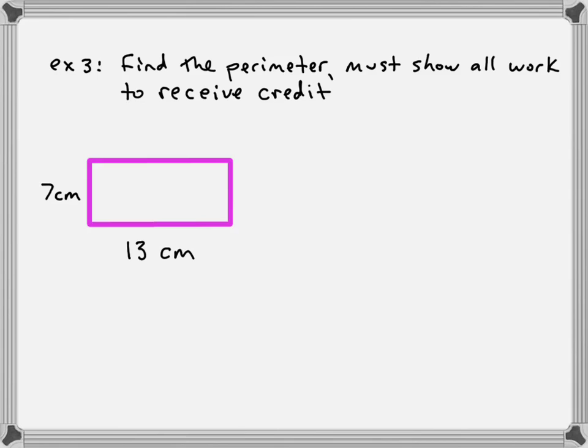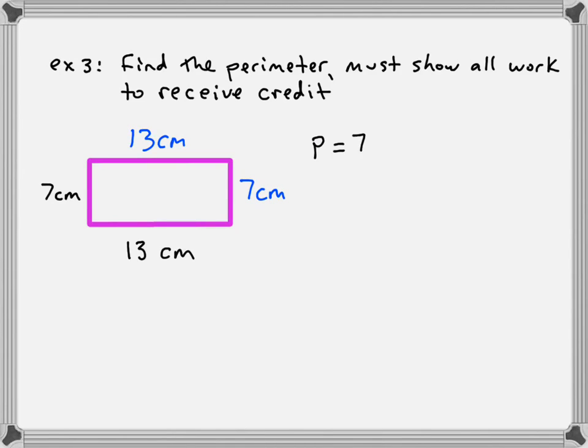Again, directions are the same. Find the perimeter and show all your work. So if the left side is 7 centimeters, the right side is also 7 centimeters. If the bottom is 13 centimeters, the top is 13 centimeters. So find your perimeter. The perimeter is to add all four sides.